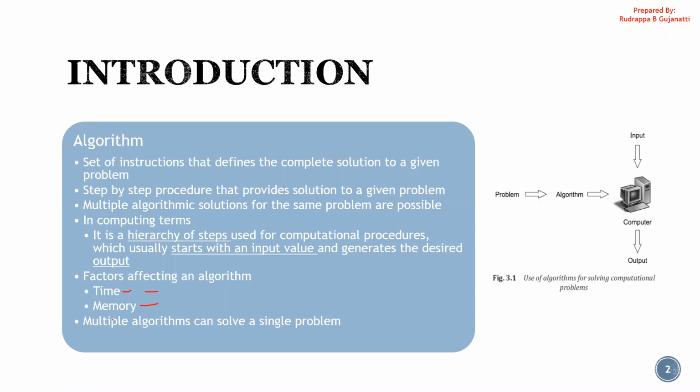Say for life critical applications, the memory requirement is higher and the execution has to be faster. If there is a trade-off between these two, you can adjust as per your requirement. So these are a few aspects pertaining to what an algorithm is and how its implementation can go ahead.